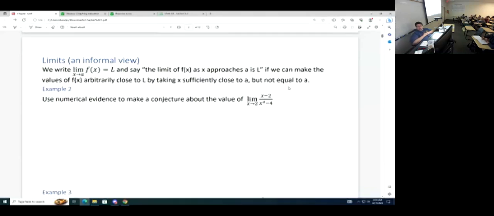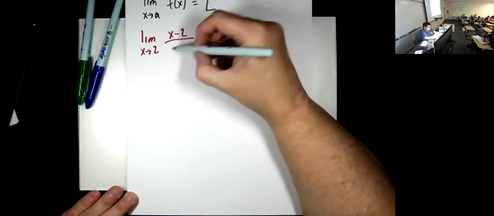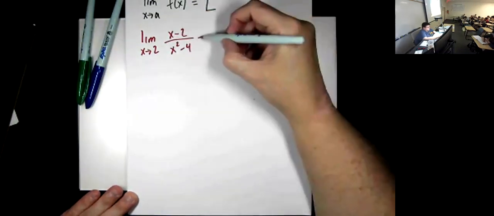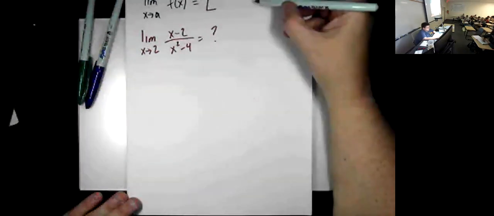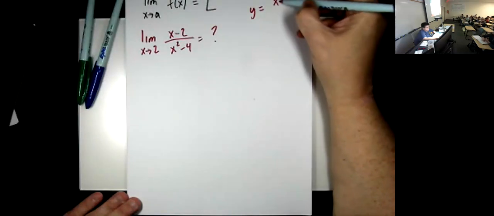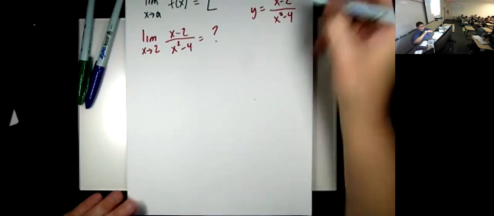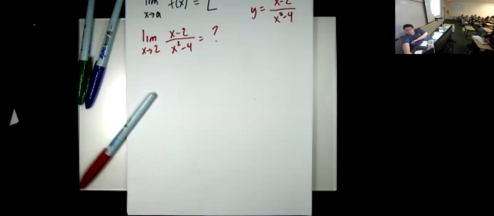We're going to use numerical evidence to make a conjecture about the value of the limit of x minus 2 over x squared minus 4 as x approaches 2. I'm going to write this down on the document camera, and we're going to work with it up here. And we want to figure out what that equals. This is like saying y equals.